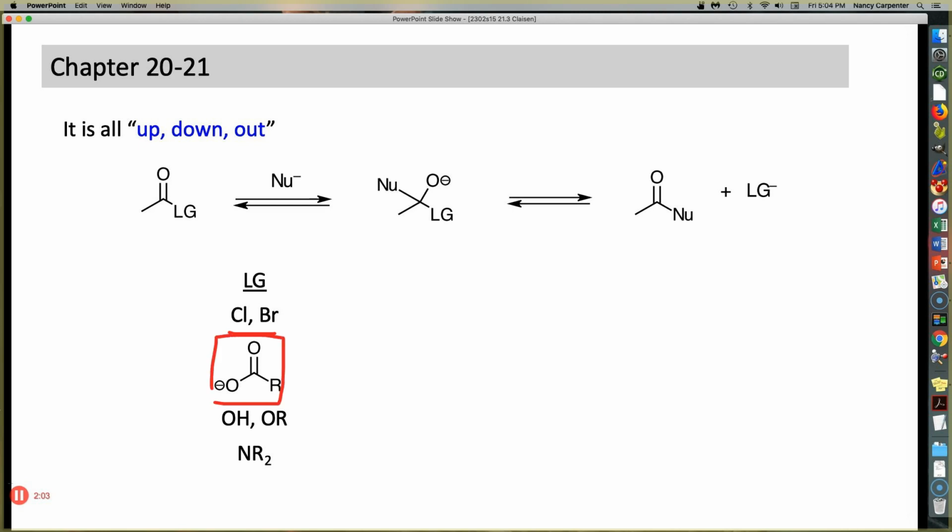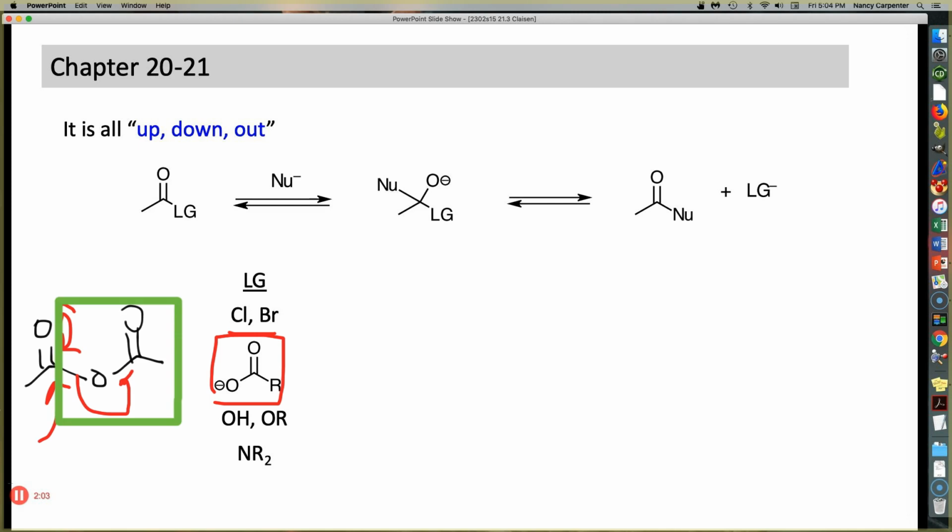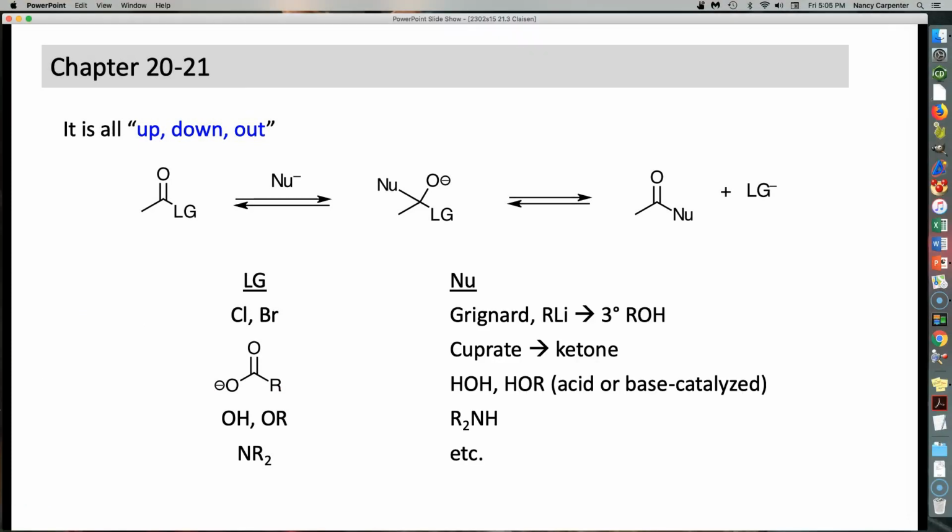But even acid anhydrides, which of course would kick out, up, down, and out, kicking out this guy, the carboxylate, that's a fantastic leaving group too, right? Very weak base with that minus charge, easy peasy. So anhydrides are also highly reactive. So we've seen a lot of different leaving groups in this chapter.